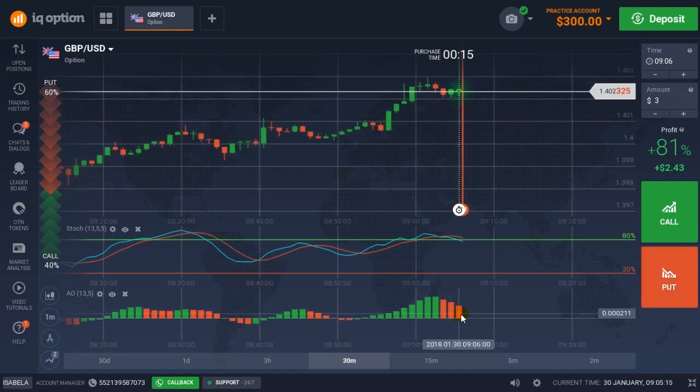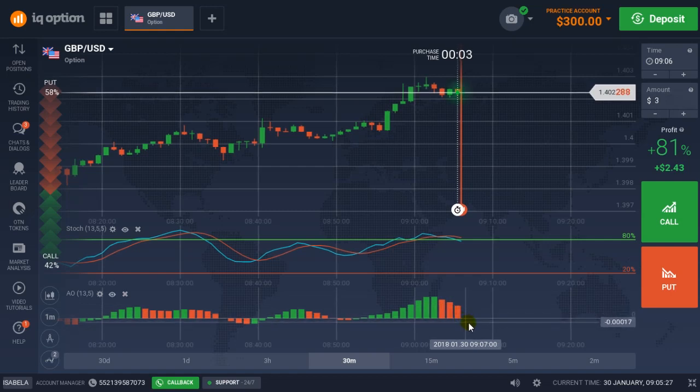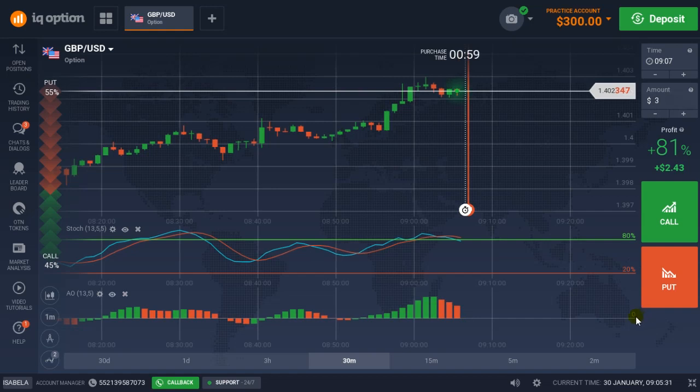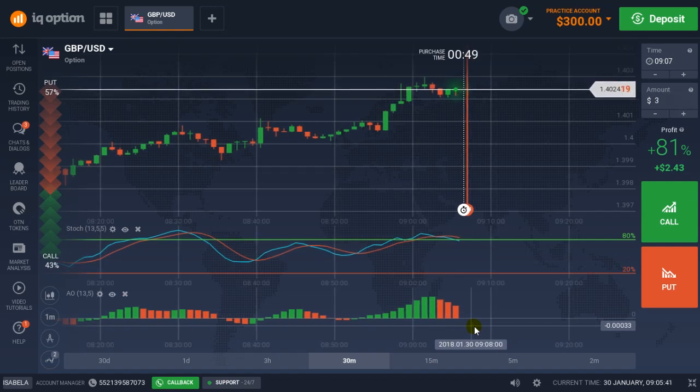We've started getting red bars on the awesome oscillator, which is great. Don't forget that when we start getting red bars, we can expect price to start coming down, and when the red bars pass this zero level, then the signals coming down are stronger. Okay, so let's see what the GBP USD has for us.